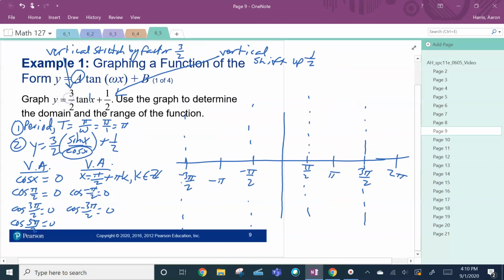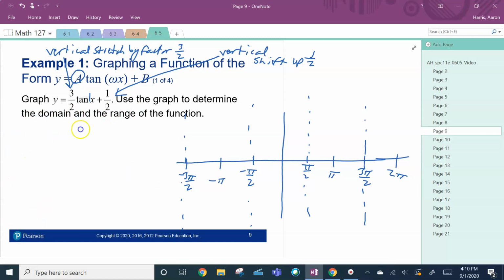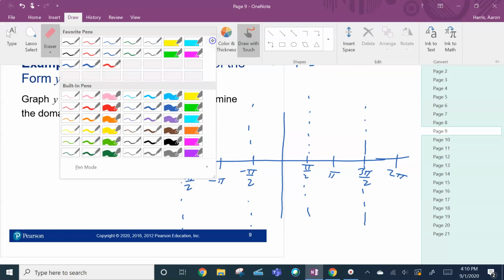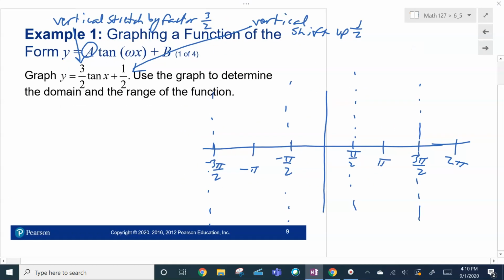Delete a little bit here so we can plot some points. By the way, our domain will be everything except for those vertical asymptotes.